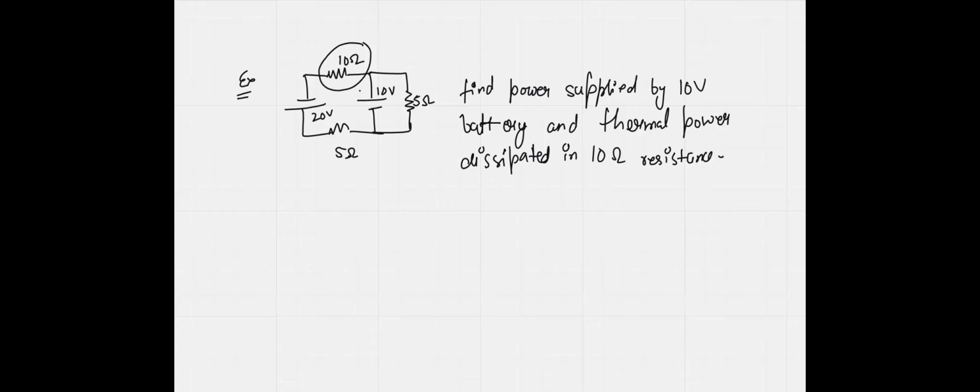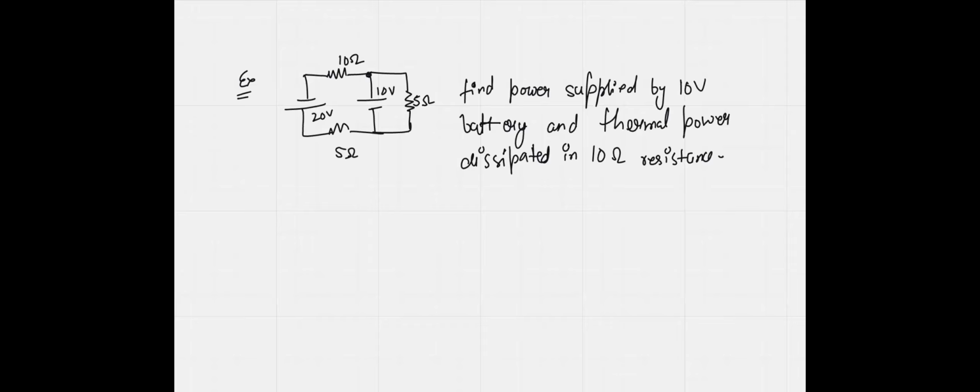If I ask what is the power supplied by this, one way is if you can get to know the current going in this branch, you will get to know that some current is going across this, and in this way I can get it, right? Sir, I can't see that.